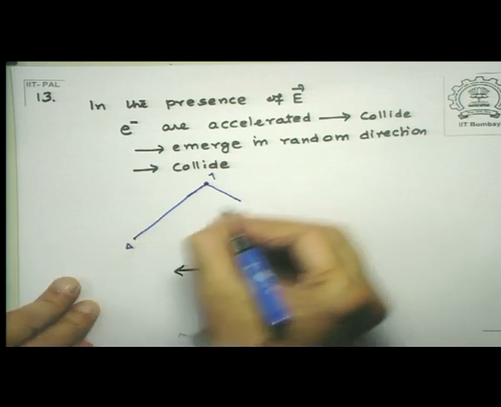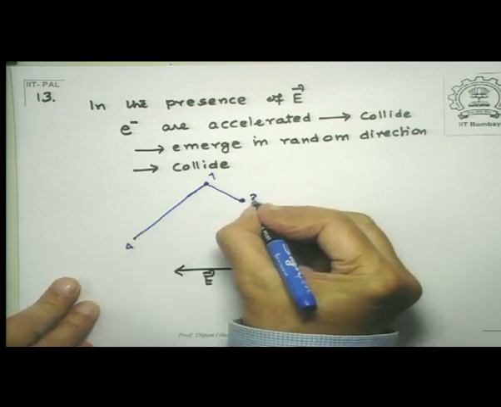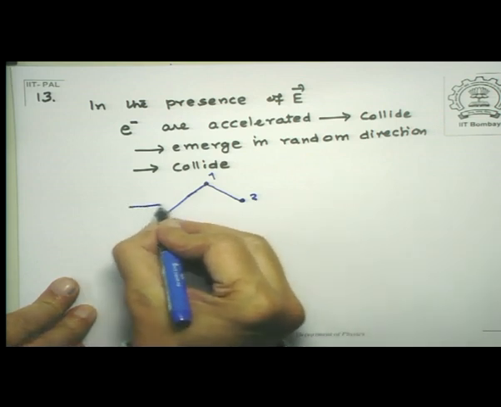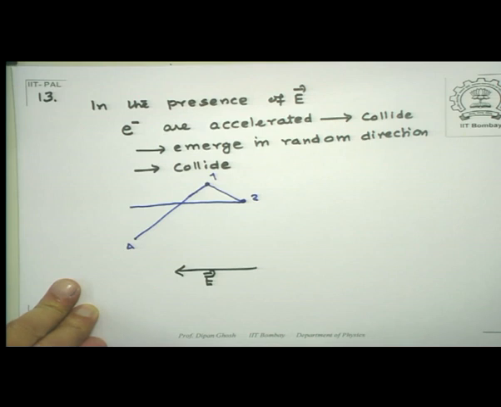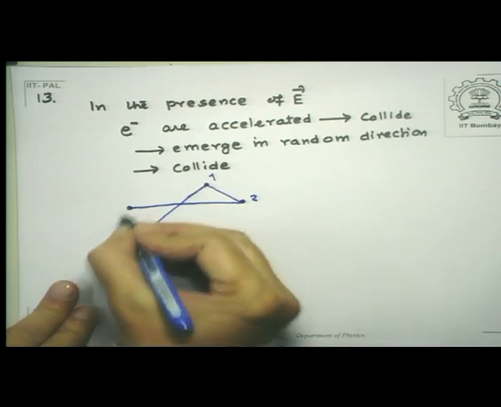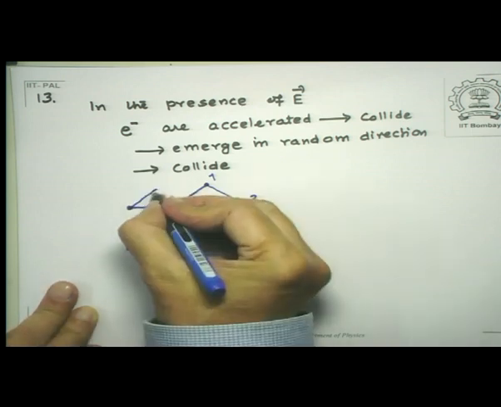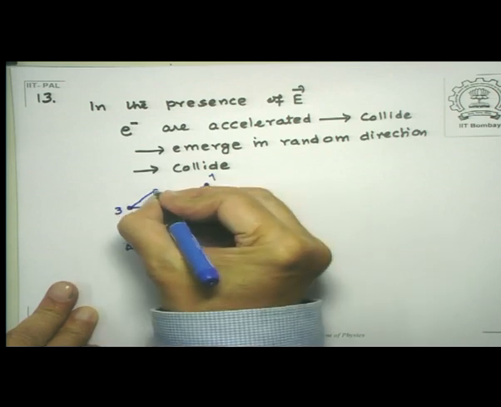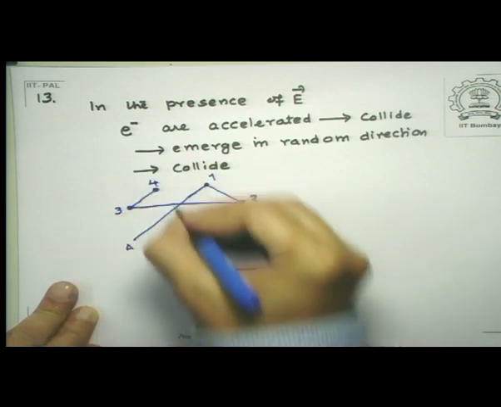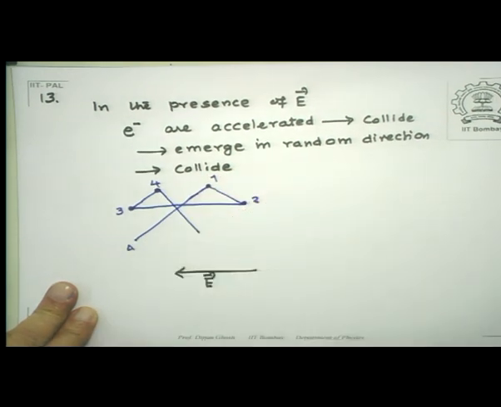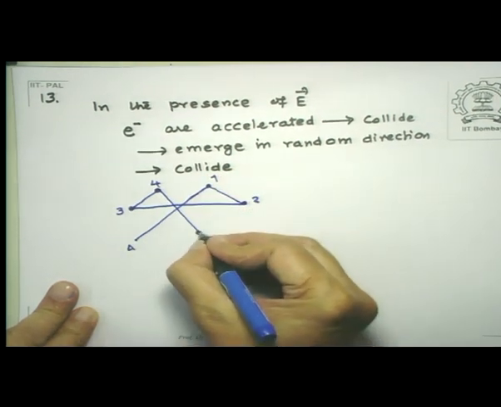And then of course it has a second collision, and let's suppose this time it is directed like this. It undergoes a third collision. I am trying to draw essentially a random figure. So this is 3, this is 4. Then it comes like this. This is 5.